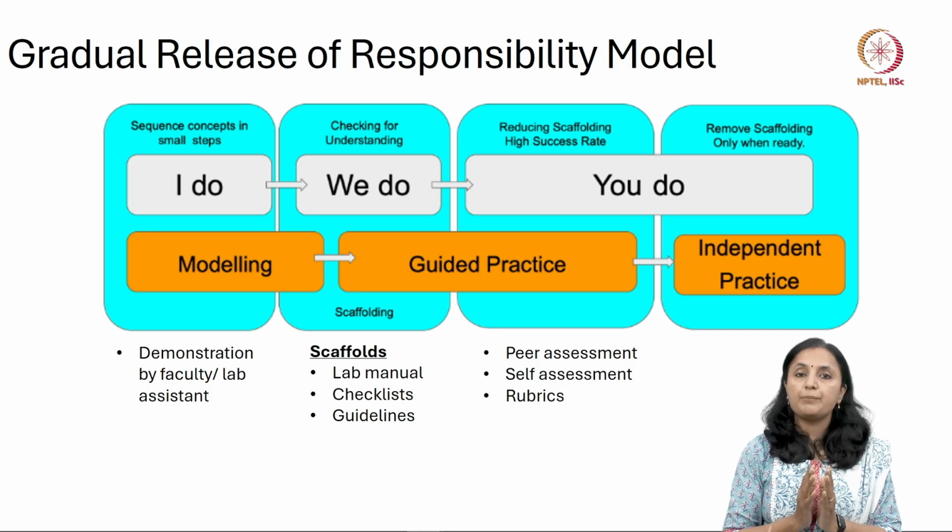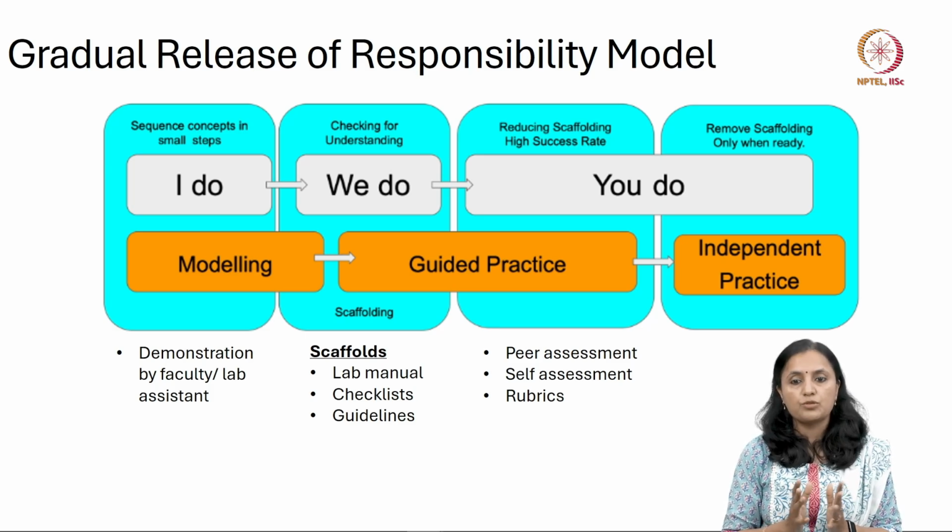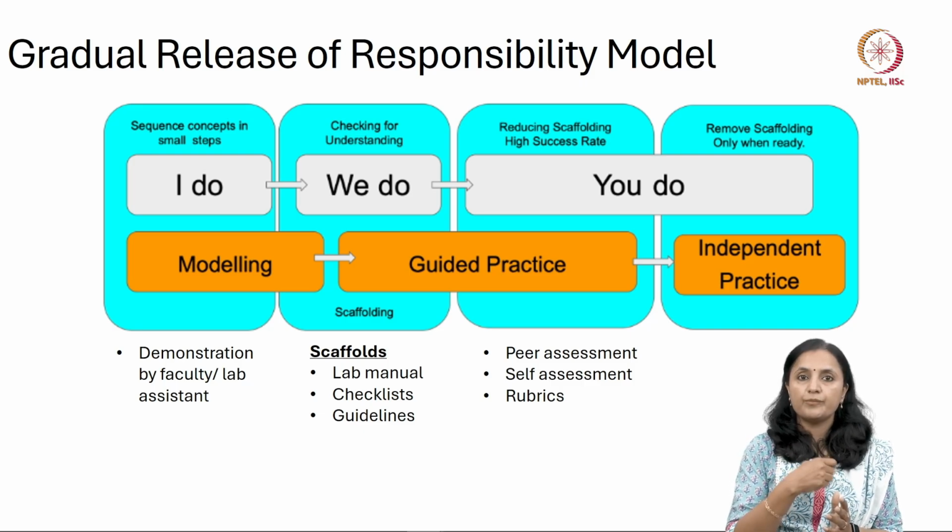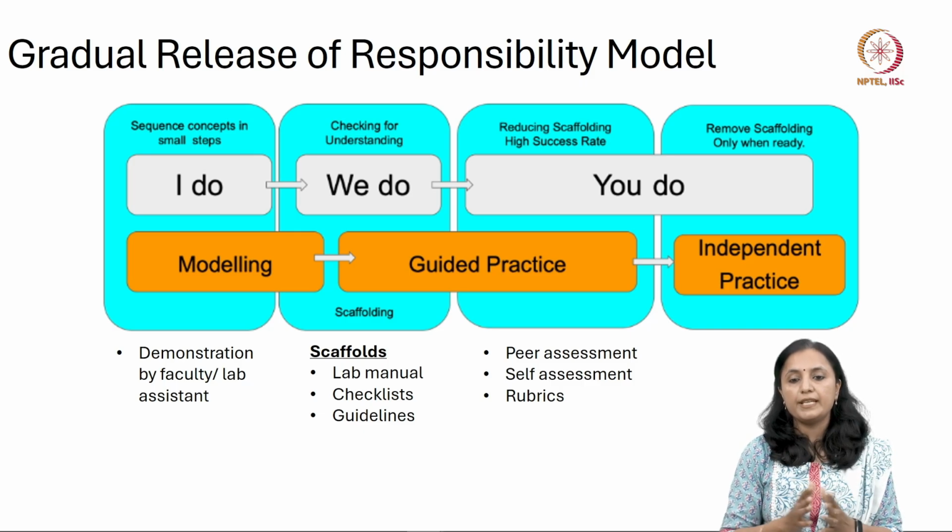What is happening in the I do stage? In this case, some sort of modeling is happening, where the teacher is modeling the experiment to the students. The teacher can say, today I am going to show you how to apply Ohm's law. Watch closely as I explain each step. Notice what I do and why I do it. So basically, the reasoning behind whatever I am doing is also very clear.